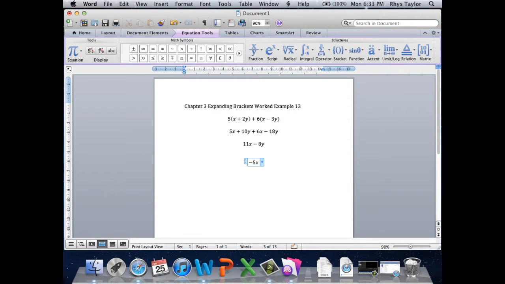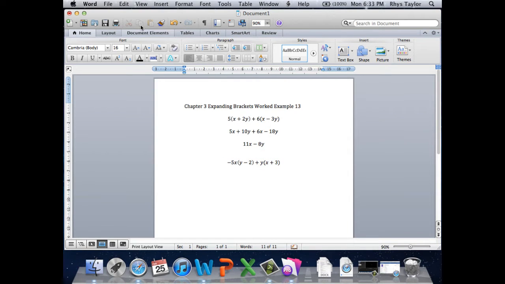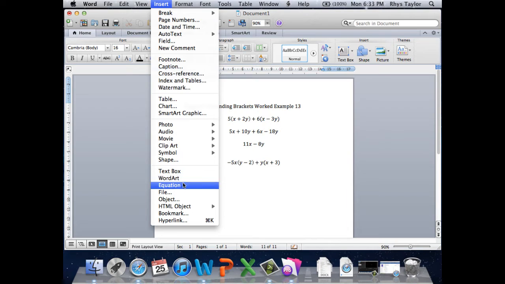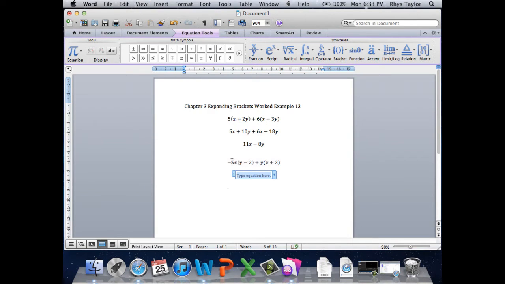Negative 5x(y take 2) plus y(x plus 3). Alright, do the easy part.